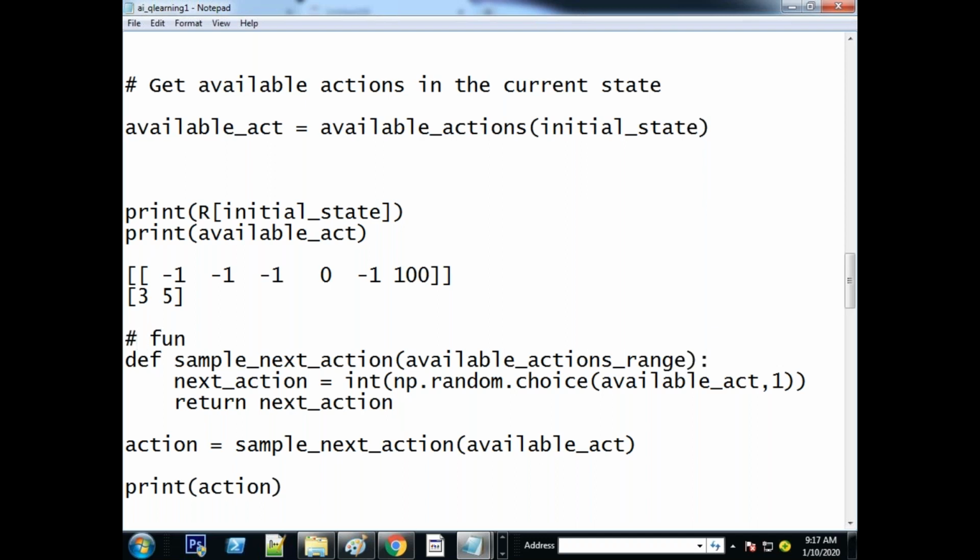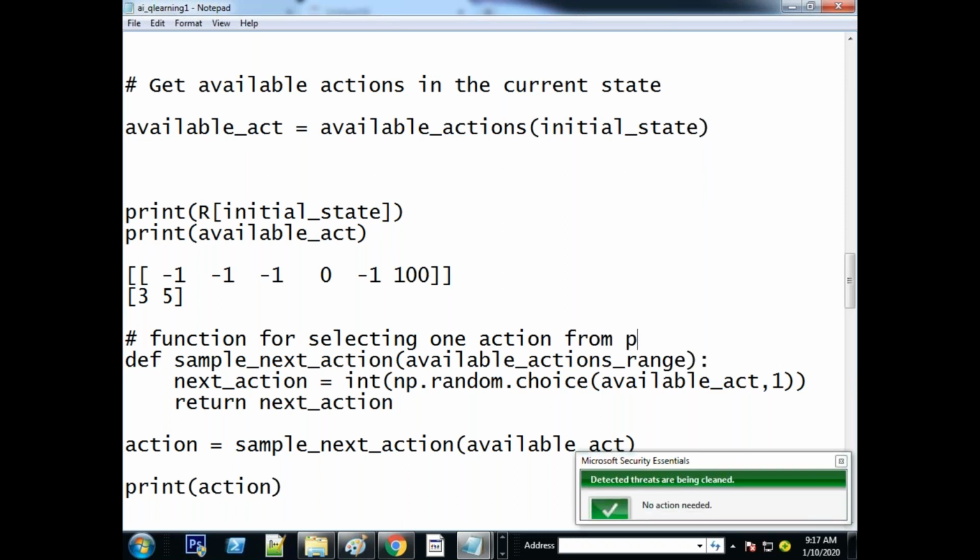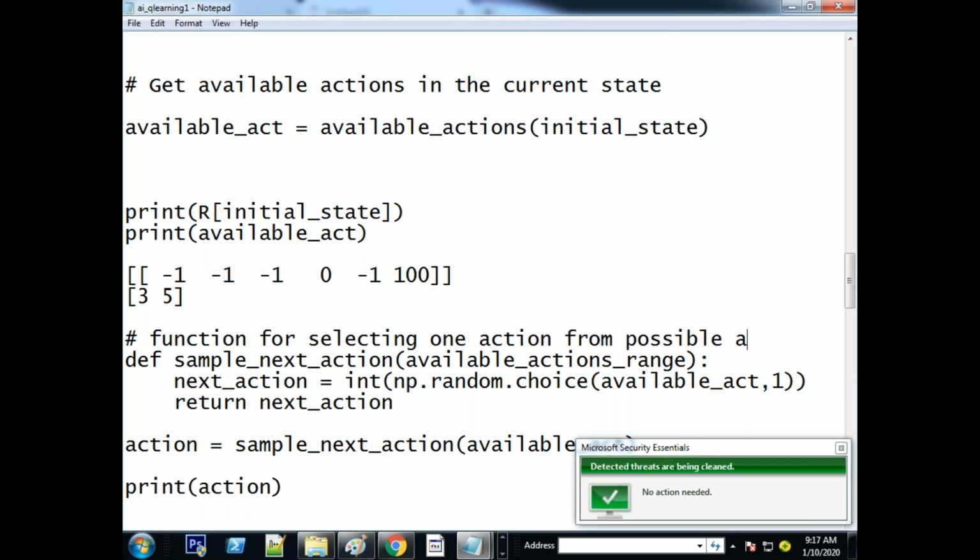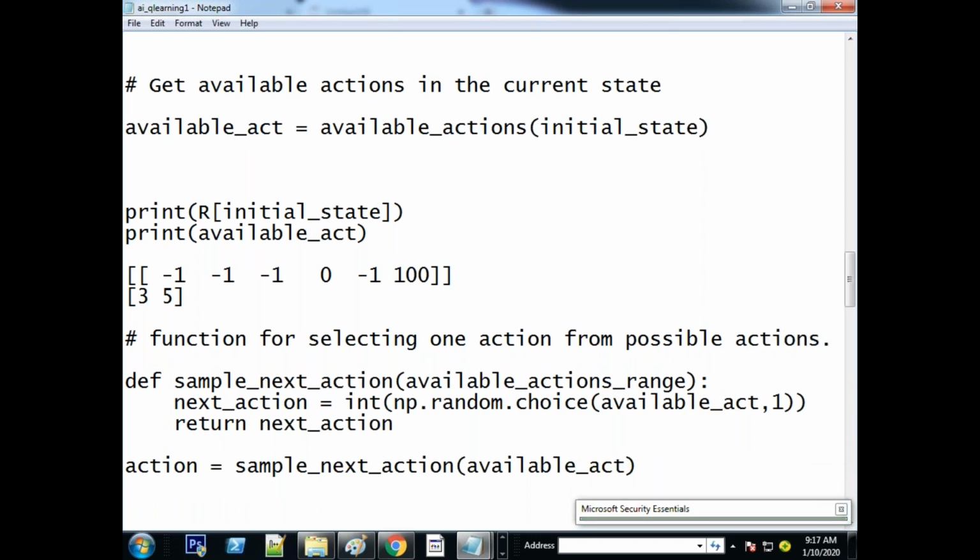Put the heading: function for selecting one action from possible actions. Take only this function.